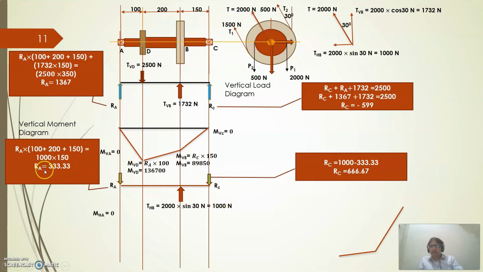So taking that, the RA value you are going to get is 333.33. This is acting in the downward direction and this is acting in the upward direction. So 1000 minus this, if you do it, you can get the RC value. Or else you take the moment about A, you can get the same. Once you have this, you can draw the horizontal moment diagram.